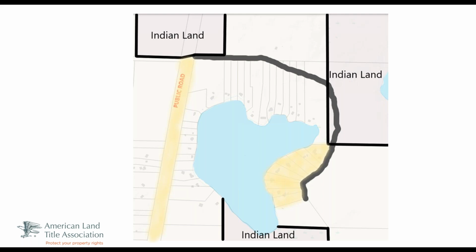So if you look at the subdivision, the folks in the southeast corner are fine until they get to where the Indian land starts, but each one of those lots needs access over Indian land in order to get out of the subdivision. It's the only way out. And also notice the public road runs across fee land south, and then it also goes into Indian land.